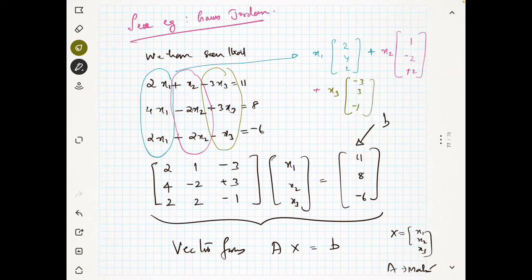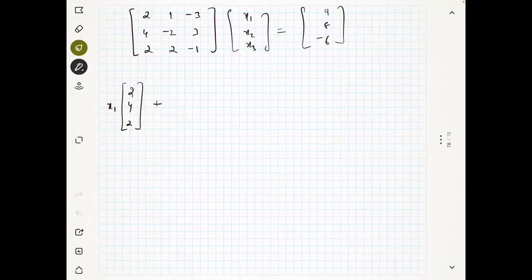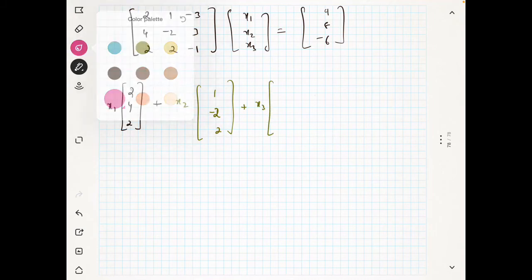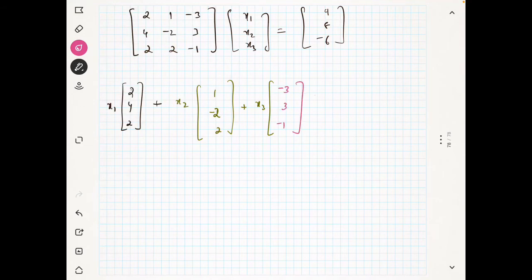So I can write like this, which is equal to 11, 8 and minus 6. This is x2 into 1, minus 2, 2, plus x3 into minus 3, 3 and minus 1, which is equal to your 11, 8, minus 6.